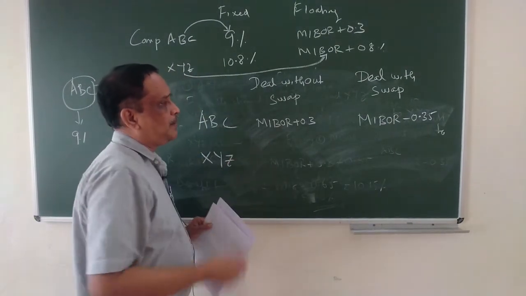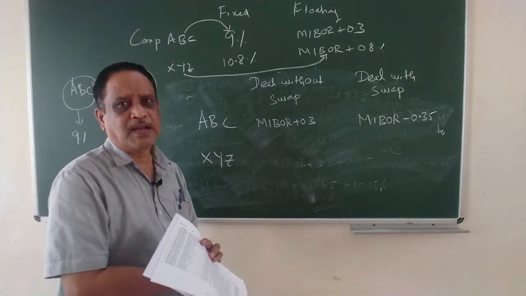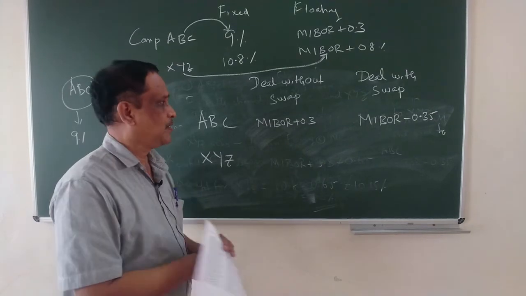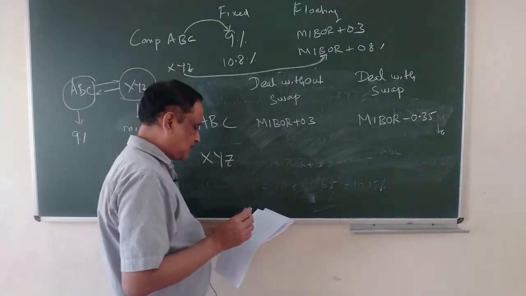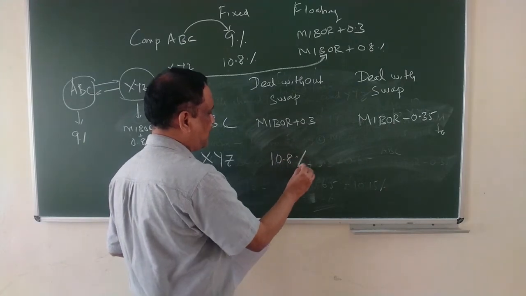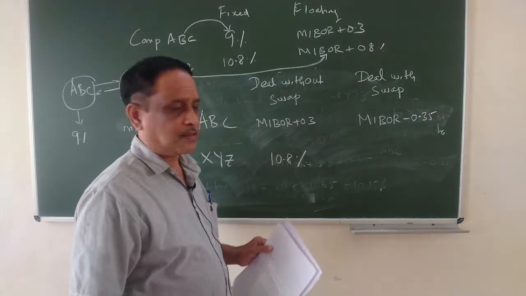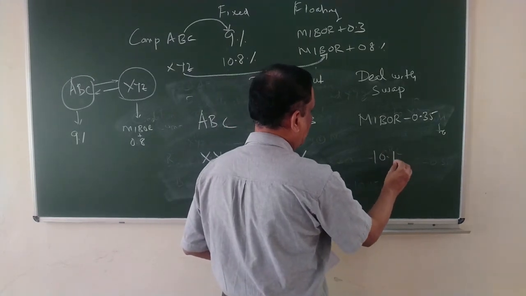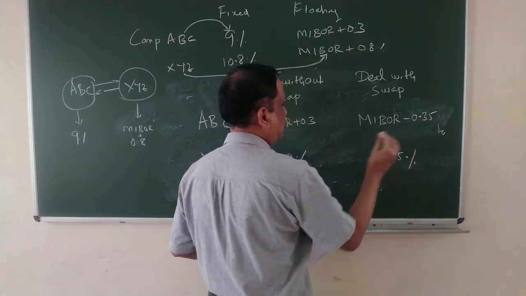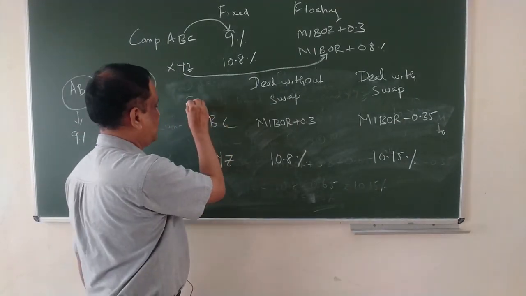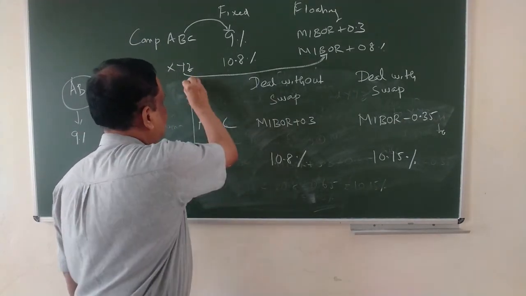Instead, during the deal, they are borrowing it at LIBOR minus 0.35. There is a gain of 0.65. Okay. And in the case of XYZ, they would have borrowed at 10.8%. In this case, they are borrowing it at 10.15%. Okay. Both companies are benefited in this deal.